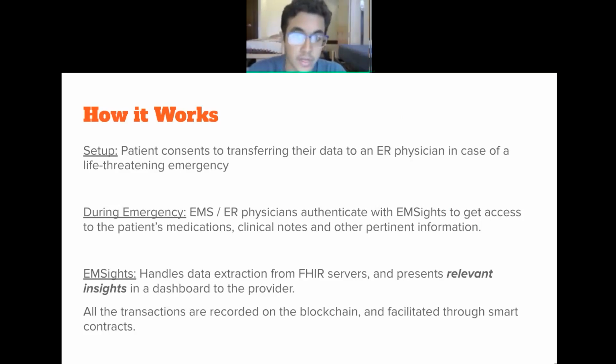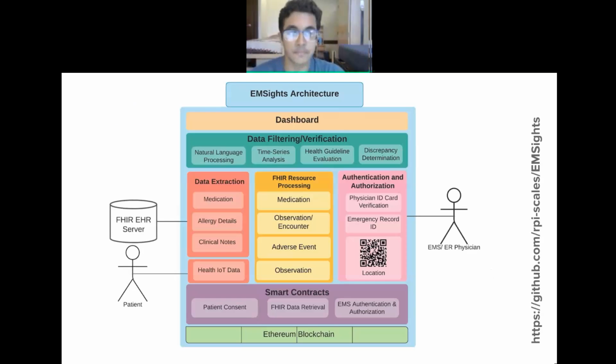After authentication is done, EMSights will then handle data extraction through FHIR servers and present relevant insights in a dashboard to this provider, so that even if you give this physician 30 to 40 seconds, he or she will have enough information to take action on the patient. All transactions are recorded on the blockchain to ensure transparency, and all processes are facilitated through smart contracts.